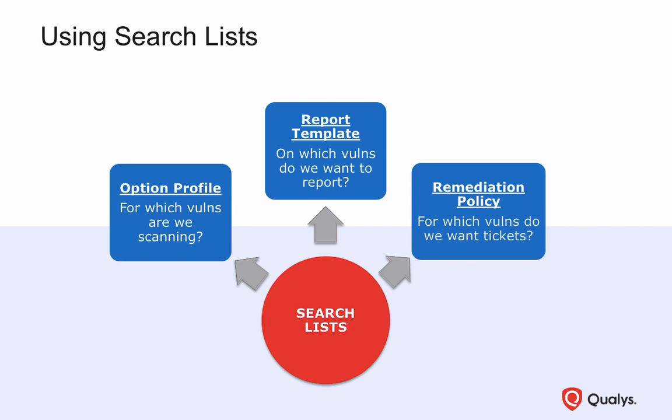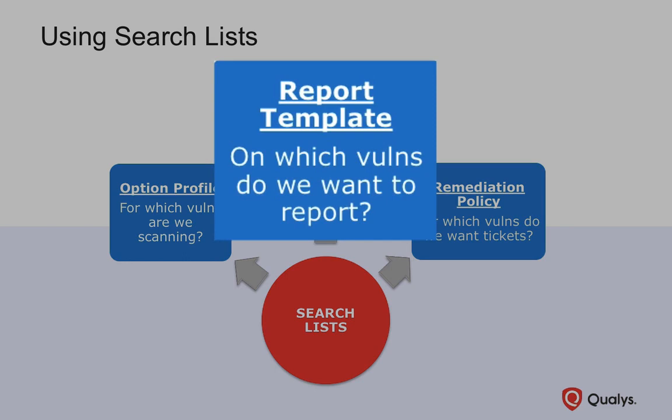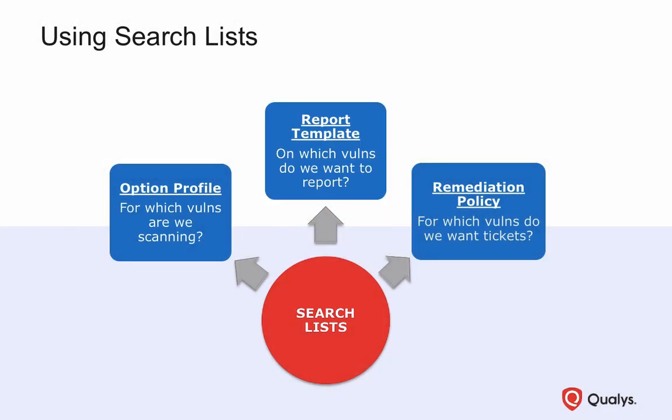For example, rather than creating a single vulnerability report that contains all vulnerabilities, severity levels 1 through 5, you can add the dynamic search list I created earlier to a report template to focus the report on high-severity vulnerabilities that have no patch. Using search lists in this fashion will help you to create vulnerability reports that focus on specific groups of vulnerabilities that are high-priority targets within your organization.